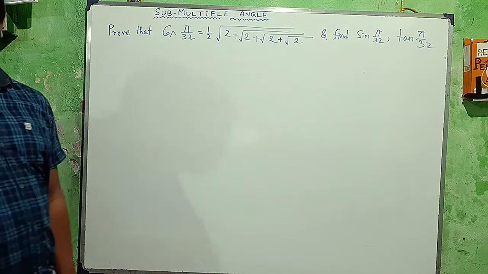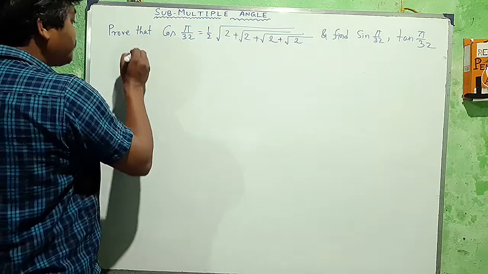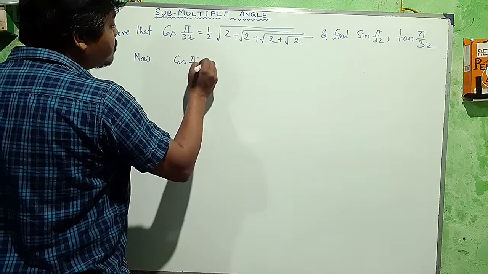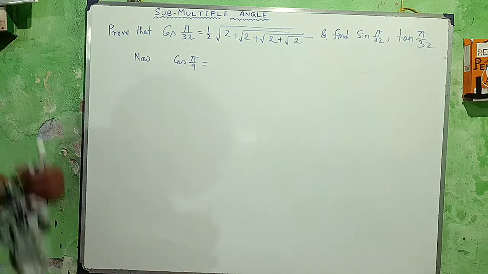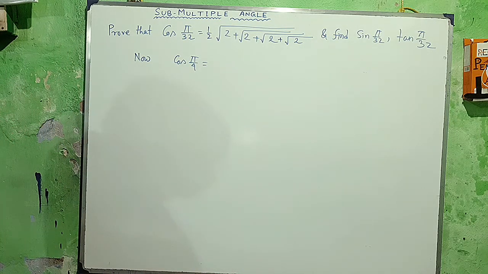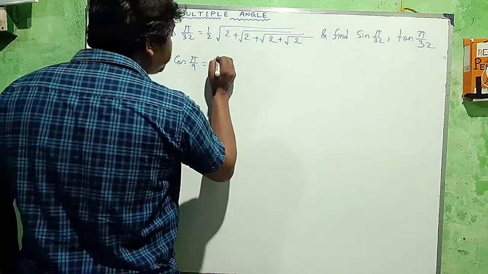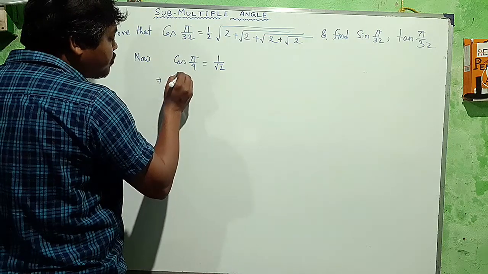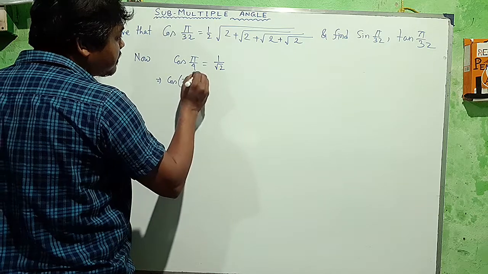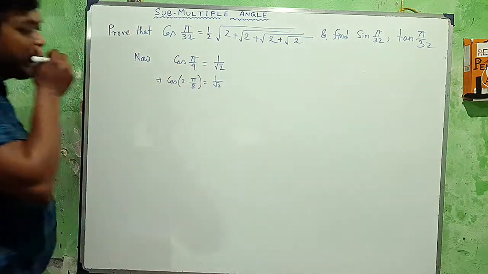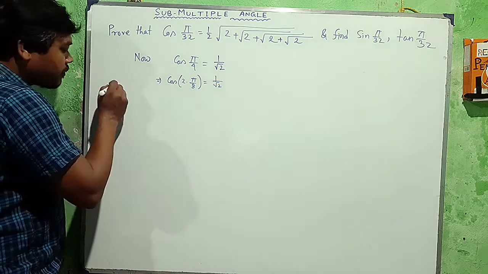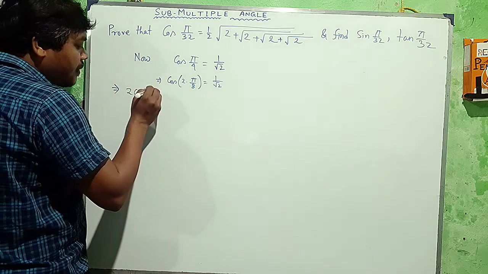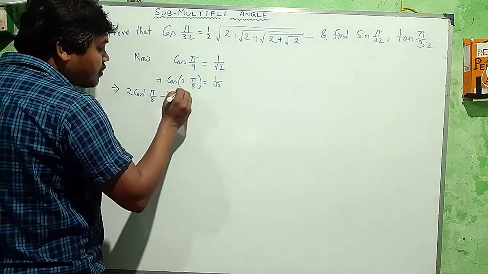So we have to calculate cosine pi by 32. Now we know cos of pi by 4 equals 1 by root 2. So you can write down here cosine 2 into pi by 8 equals 1 by root 2. Alright? That gives cos 2 theta, that means 2 cos square pi by 8 minus 1 equals 1 by root 2.